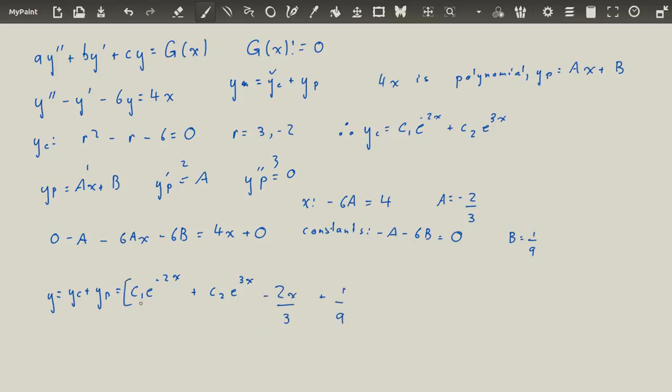You can see that the first bracket is yc, and in the second bracket we're dealing with yp. So there you go. That's a general solution to that problem.